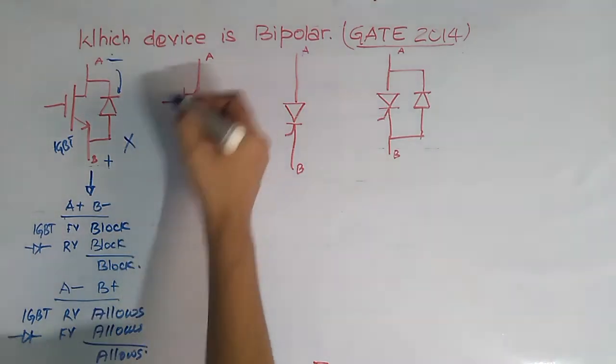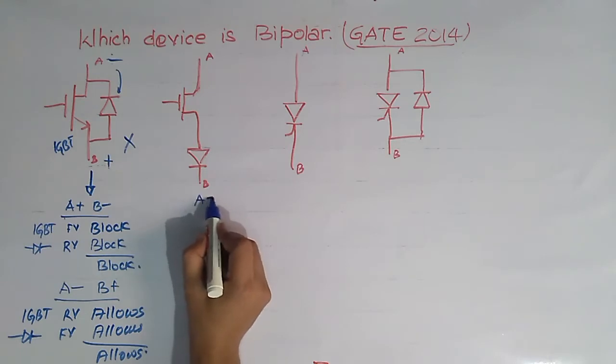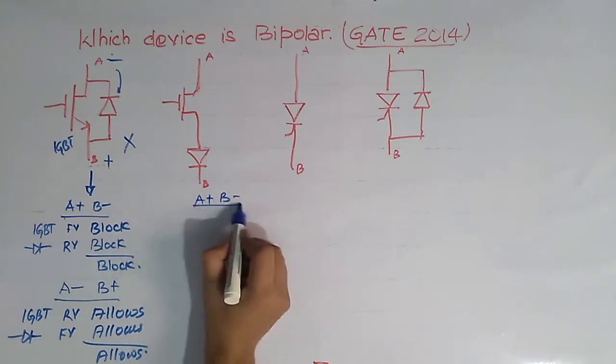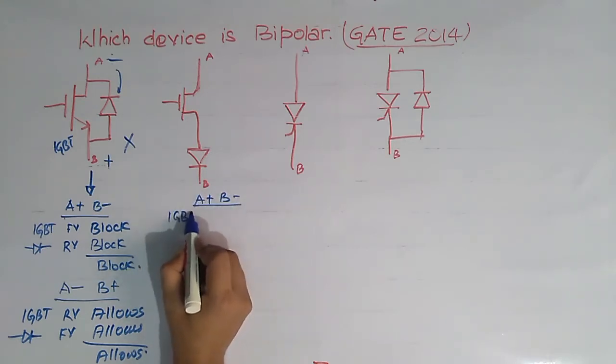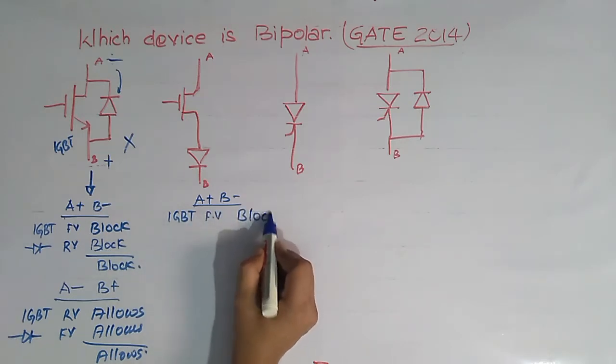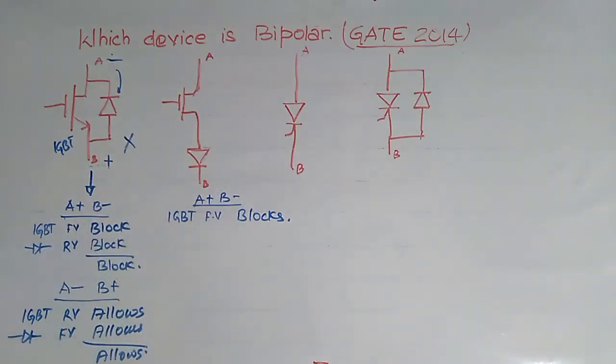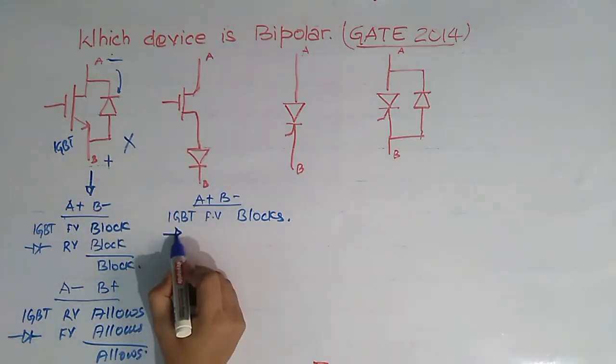Now check this device. Here when A is positive and B is negative, then IGBT will block this polarity of voltage because it acts as forward polarity for this IGBT. And what about diode?